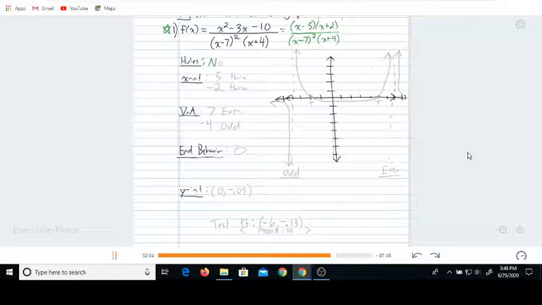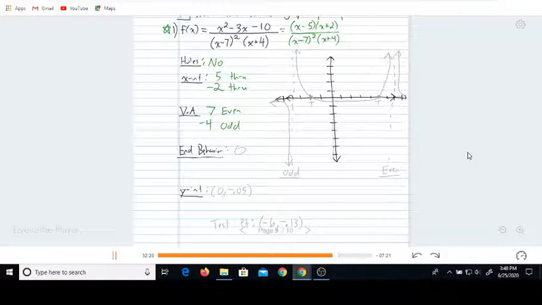Our x-intercepts are at 5 and negative 2. Notice they both have a multiplicity of 1, which is odd, so that means it's going to go through. We got vertical asymptotes at 7 and negative 4. Notice 7 has even multiplicity, negative 4 has odd multiplicity. Now if we look at our end behavior, we got degree 2 on top and degree 3 on the bottom.